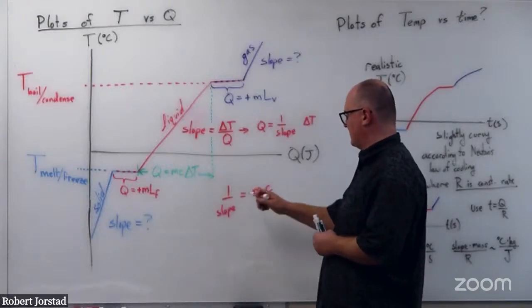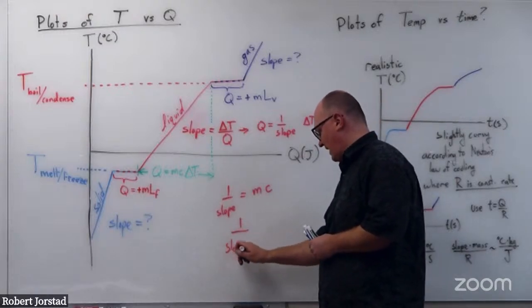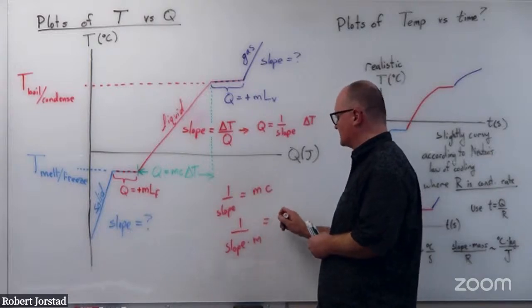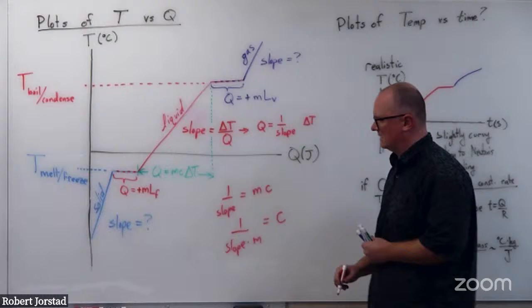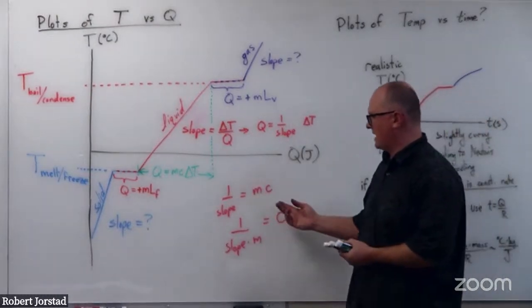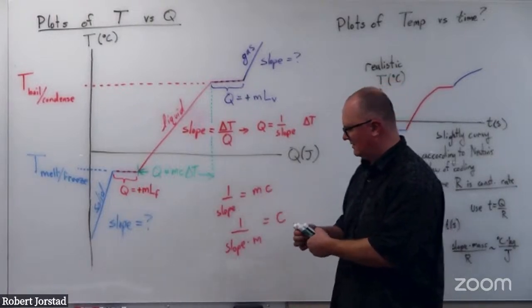So if I rearrange this a different way, 1 over the slope of this graph times m should be specific heat, lowercase c. So that's what we see in all of these. Or you could rearrange this and say the slope should be, I guess, 1 over mc.